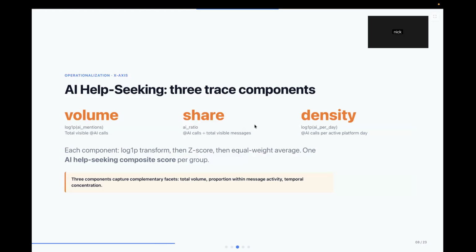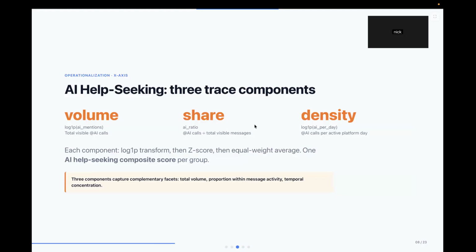So how do we define these two dimensions? For AI help-seeking, we chose three main variables: the volume, the share, and the density. Volume means how many visible @AI calls per group. Share means the share of @AI calls among all the messages in the group.